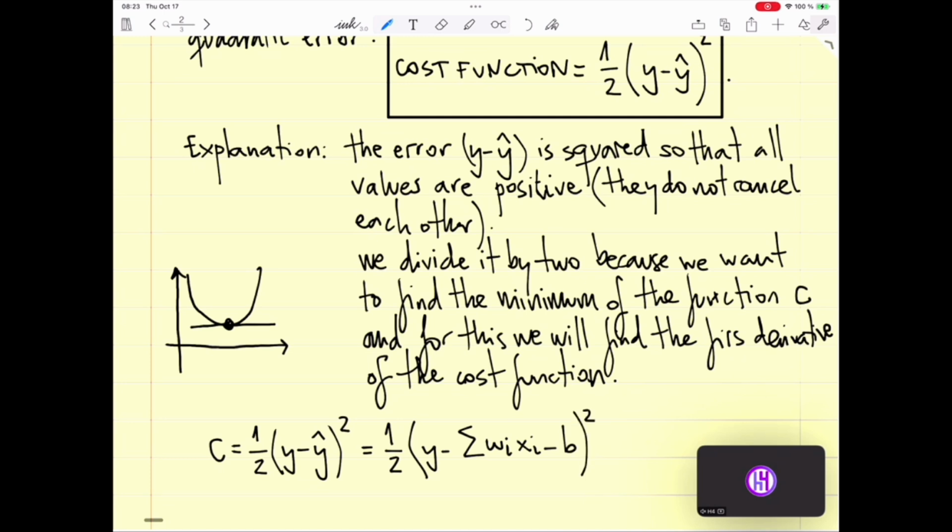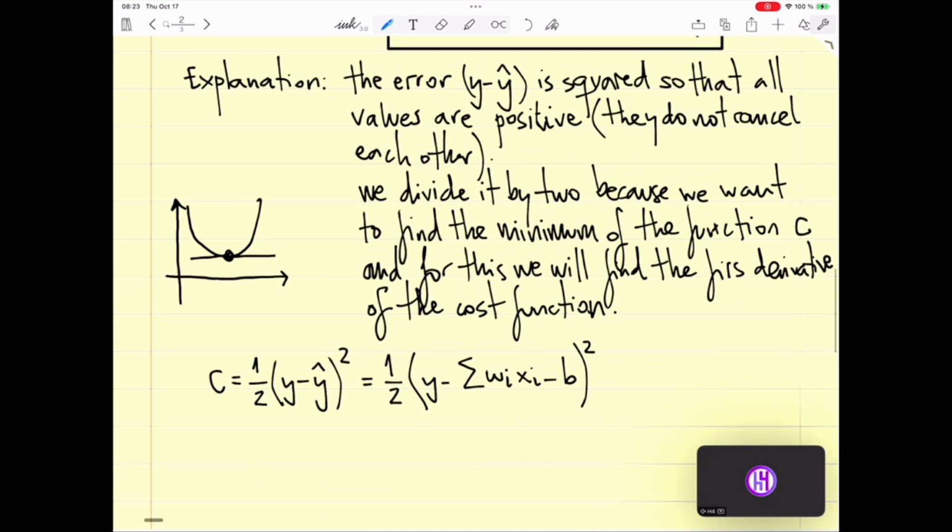Okay, we call this function error or cost.